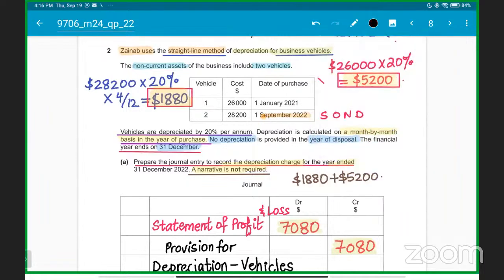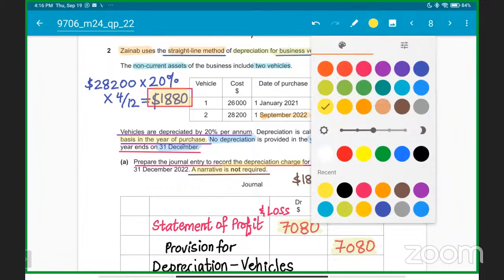Let me write it down. Because it's the straight line method, year 2022 depreciation was 5,200, and year 21 depreciation also will be 5,200, because it starts from 1st January till 31st December, all 12 months will be completed.